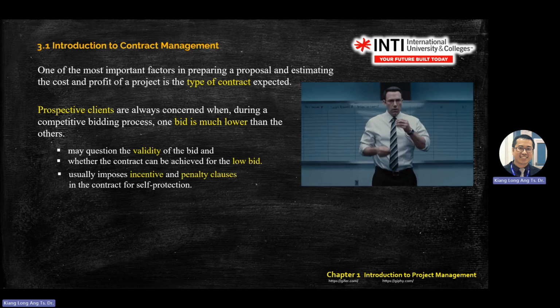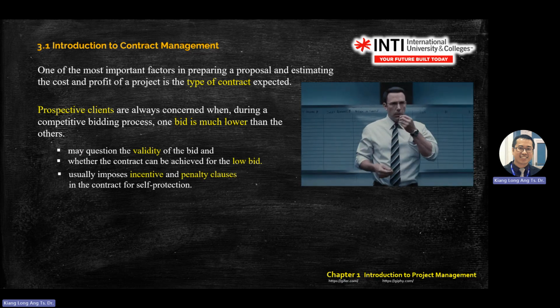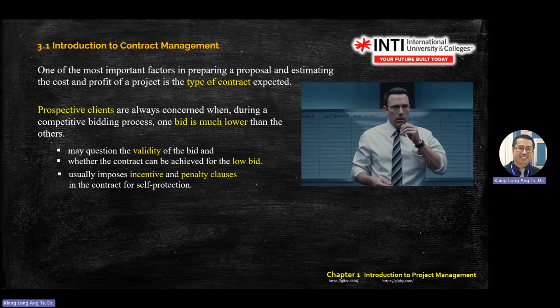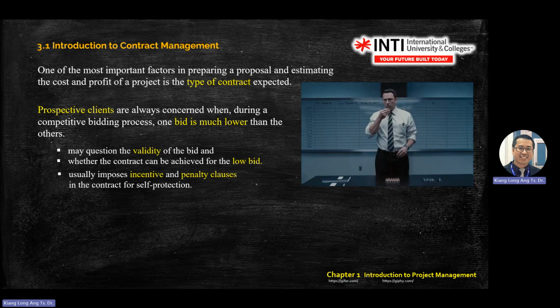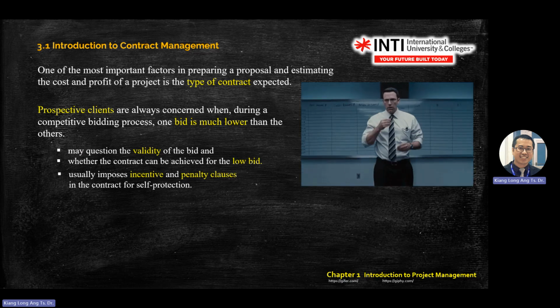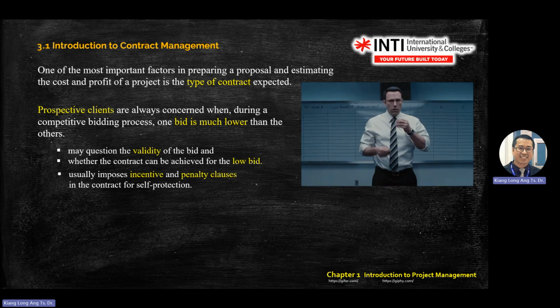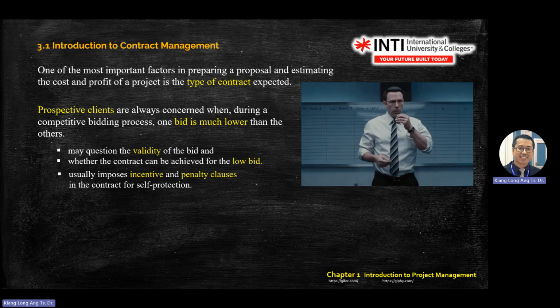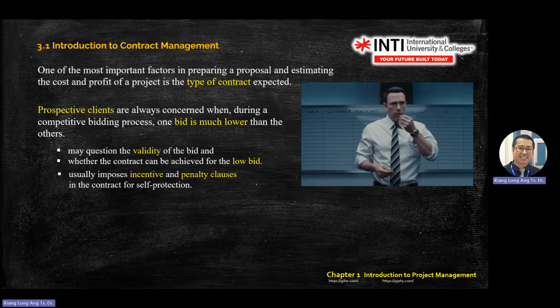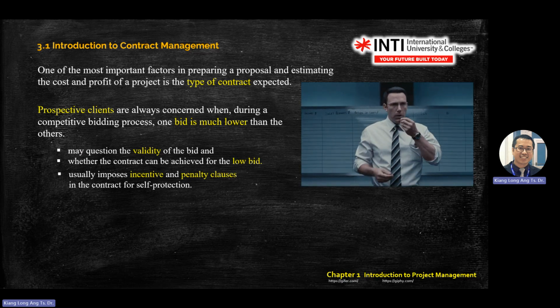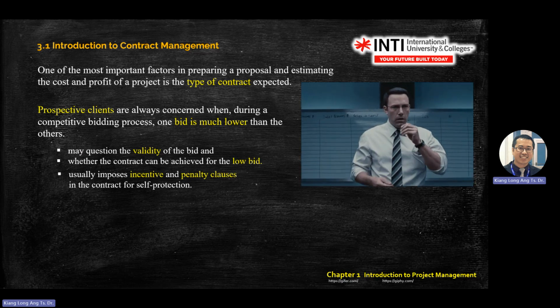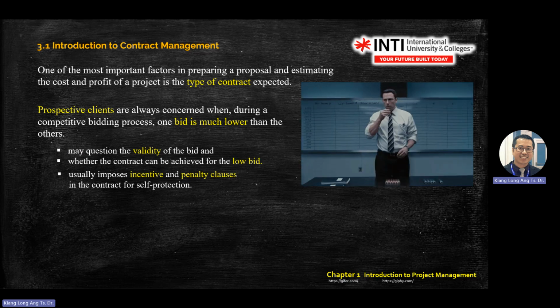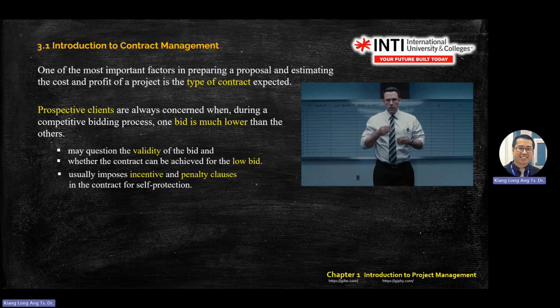So contracts usually appear in a bidding process. You need to go and bid for projects. As a project manager, you cannot run away from the bidding process. In a private company, usually you go bidding for construction or any projects. Bidding also means you give a quotation. Let's say you sell machines, you are the salesperson or the project manager for that sales team.